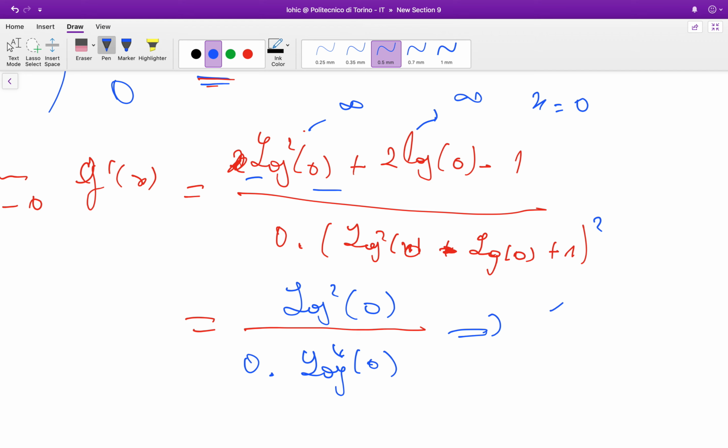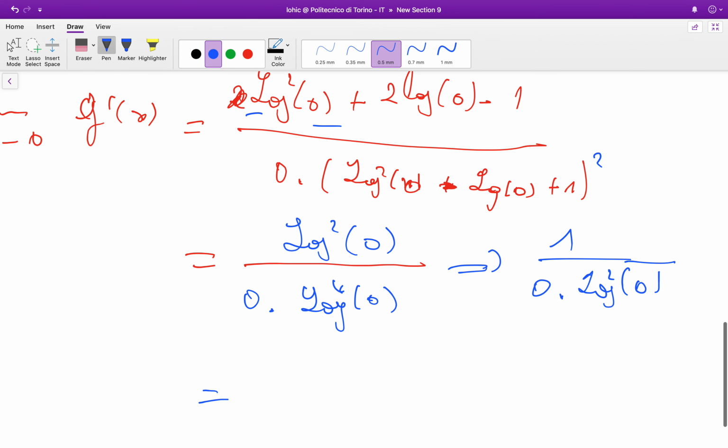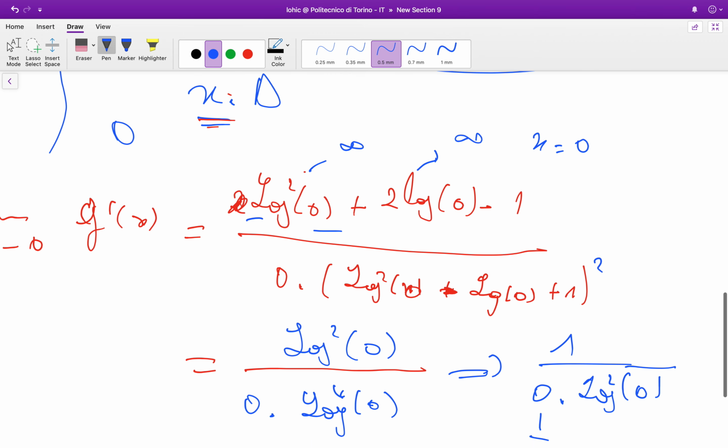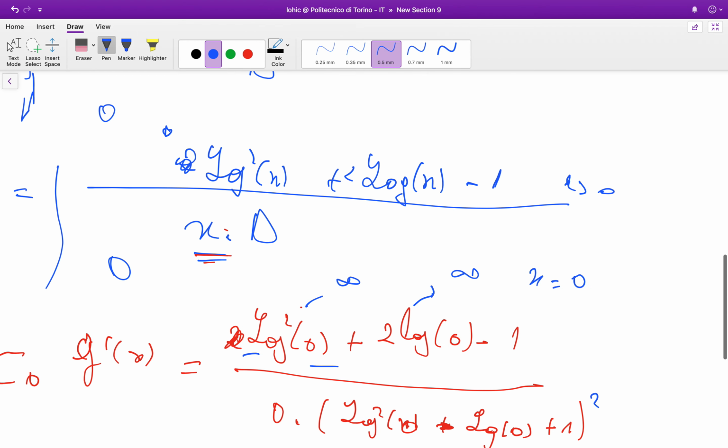So okay, it's 1 over 0 multiplied by the log square, right? But at this point, remember, I taught you last time that this 0 comes from x, right?